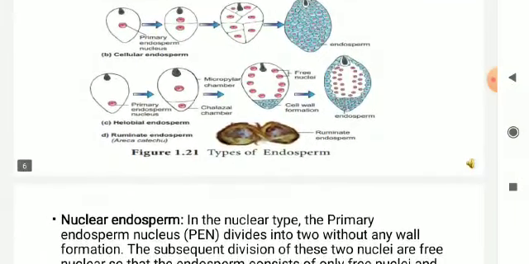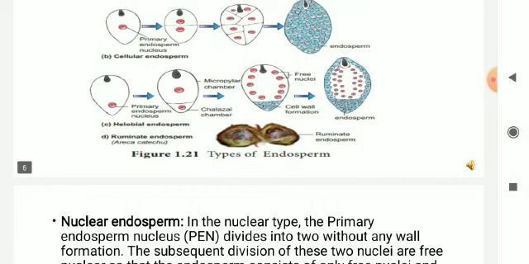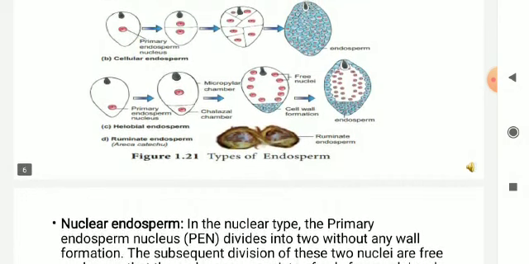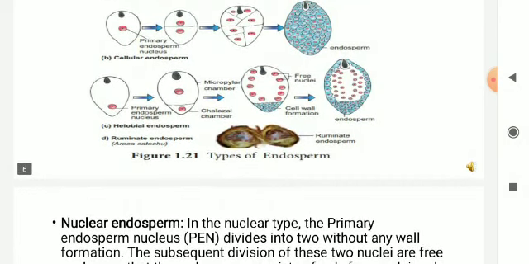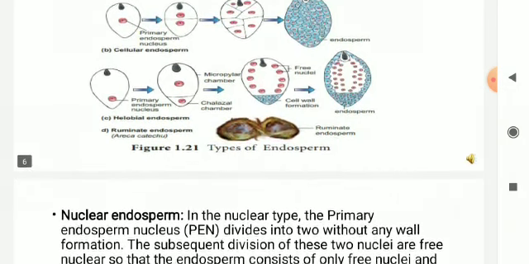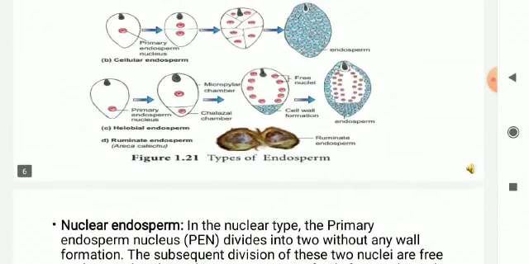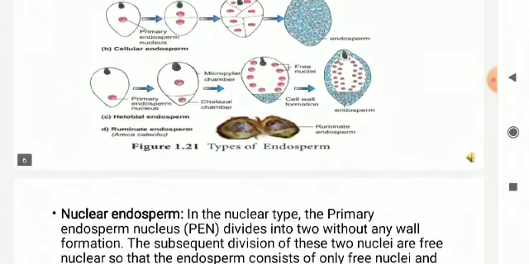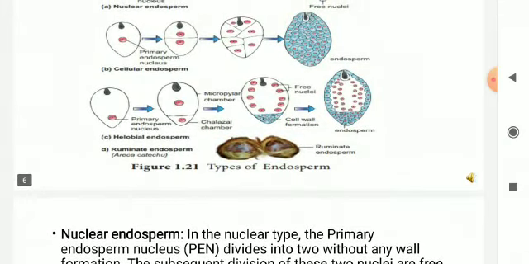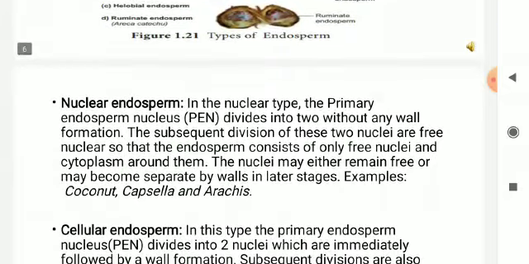While in the lower part, toward the chalazal chamber, there occurs cellular division. Each nuclear division is followed by cytoplasmic division and ultimately results in formation of a large number of cells. But ultimately the whole endosperm becomes cellular. So it is the helobial type because it shows both free nuclear division as well as cellular type division.